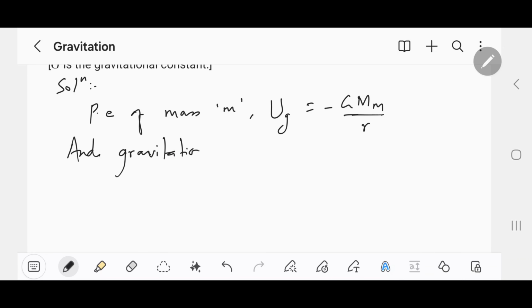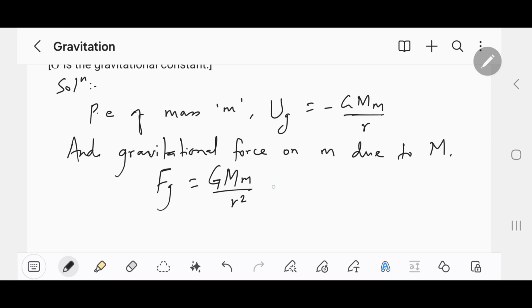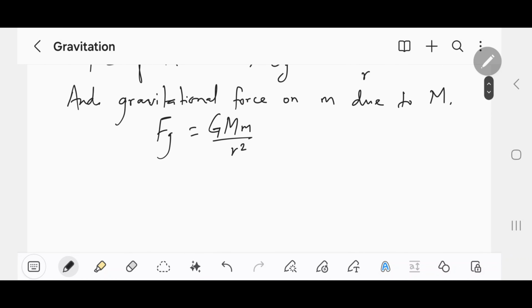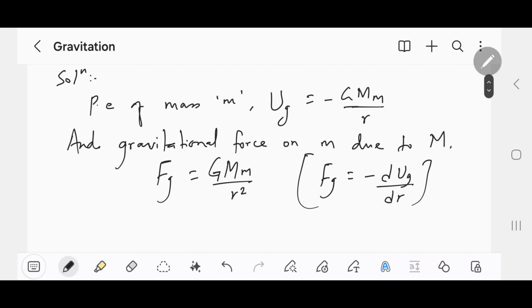The gravitational force on m due to M is given by Fg equals GMm by r square. How did we get this? Since Fg equals minus dU by dr, in this case minus dUg by dr.